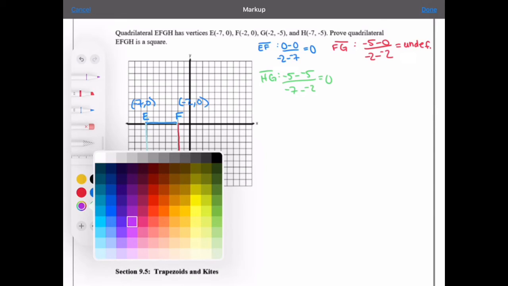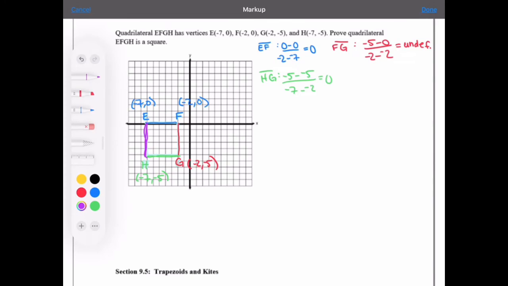And finally, we look at EH. -5 minus 0 over -7 minus -7 is undefined. So this tells us that it is a parallelogram and rectangle.